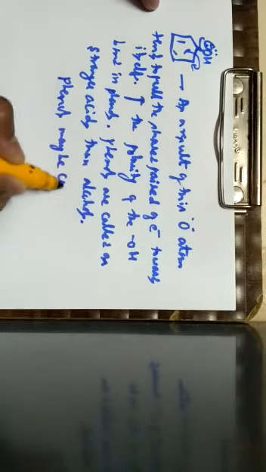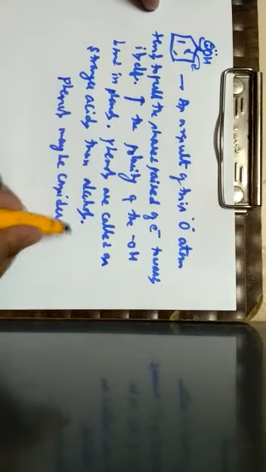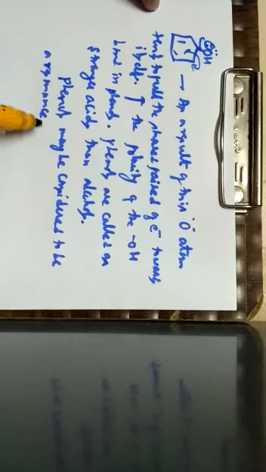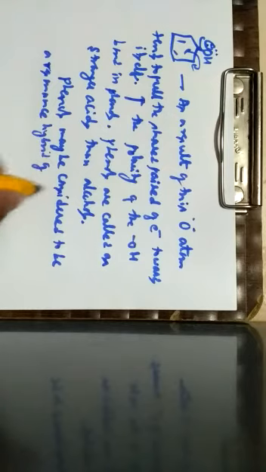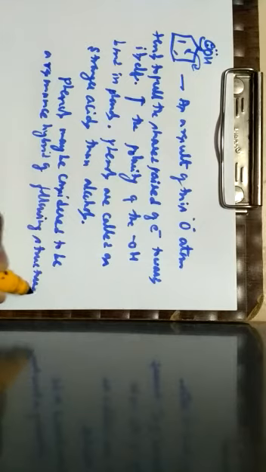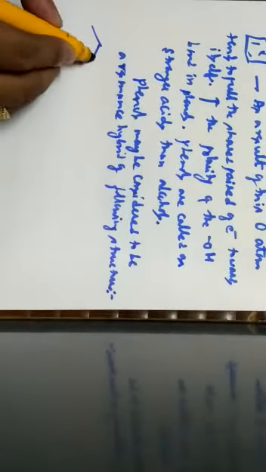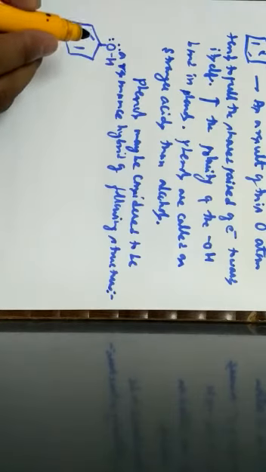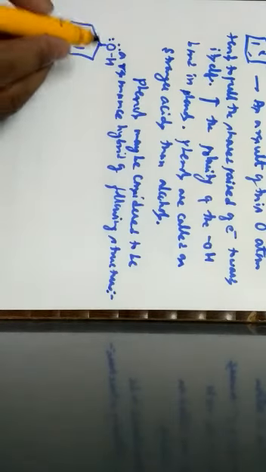Phenol may be considered to be a resonance hybrid of the following structures. So when I write the resonating structures of phenol, we can clearly understand that. So this is the structure of phenol, where oxygen contains two sets of lone pair of electrons present on it.